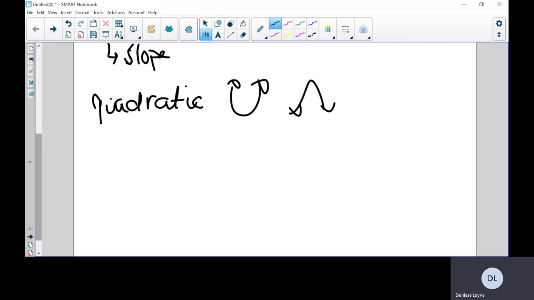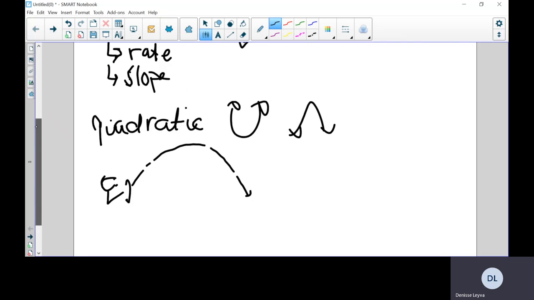So, for example, if I am a pitcher, I play baseball, and I were to hit the ball with the bat, the ball will go up and then eventually it will go down. So notice how it makes a parabola. So every single time we talk about quadratic, we talk about something either going up and then it will eventually come down.